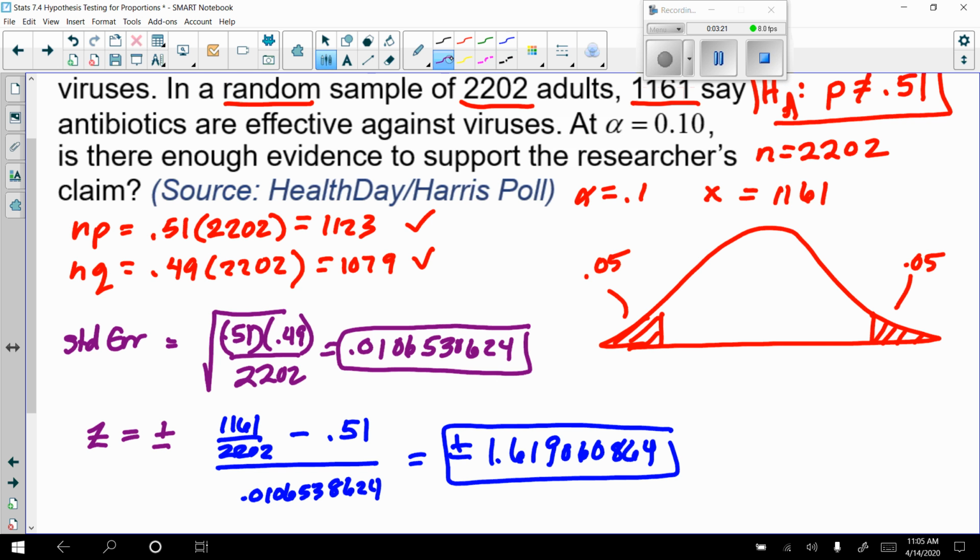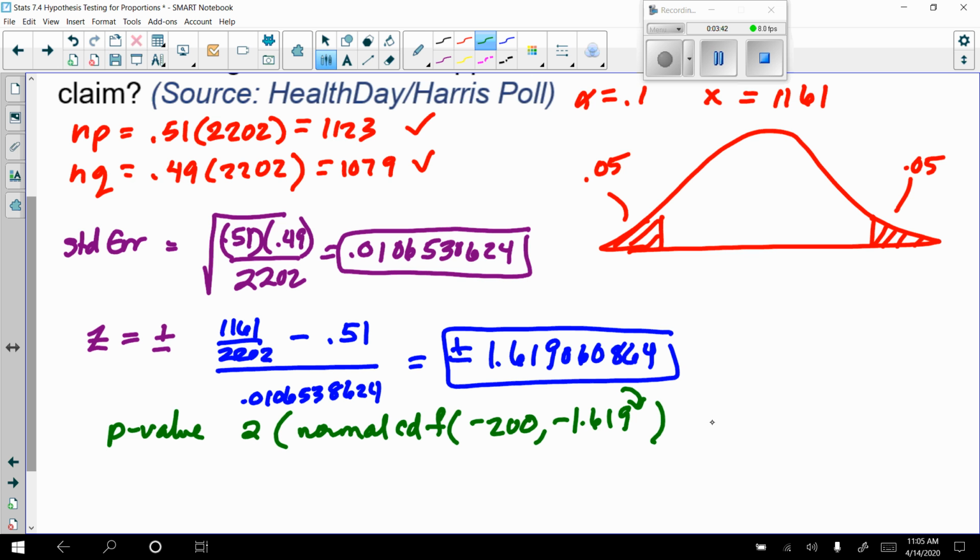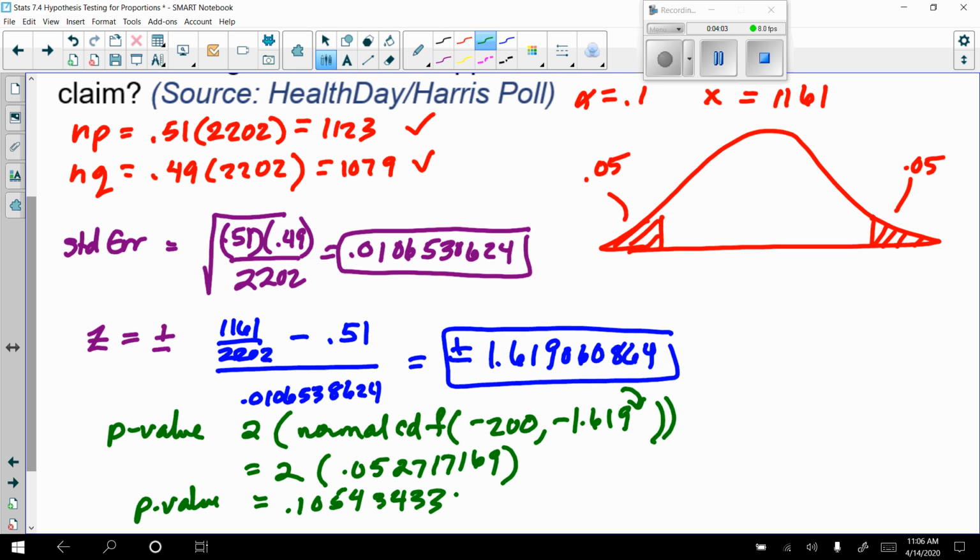Now we need to find the p-value for that. Which means that we have to do 2 times normal CDF of negative 1.619, which gives me 2 times 0.0527171 69, which gives me a p-value of 0.1054343381.